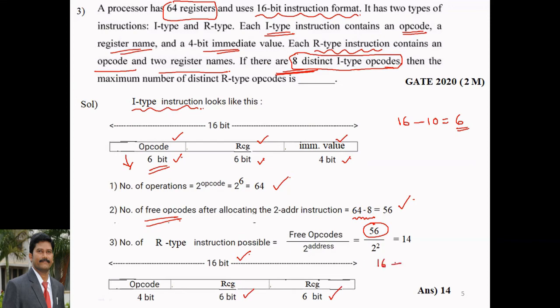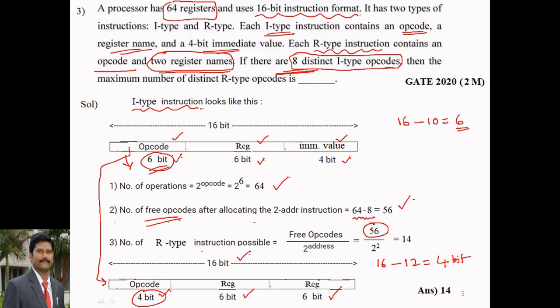Total 16 minus 6 plus 6, because two address names are there, and both are registers. So 6 bit, 6 bit, so 12. So how many opcode bits are left? 4 bits, 4 bit opcode. Now by looking at this opcode and this opcode, previously it is 6 bit, now it is 4 bit. How many bits are reduced here? 2 bits are reduced. So the opcode bits are reduced.